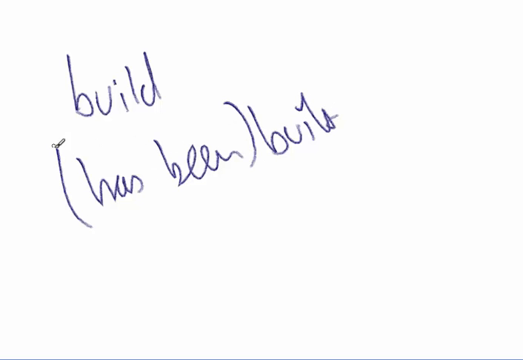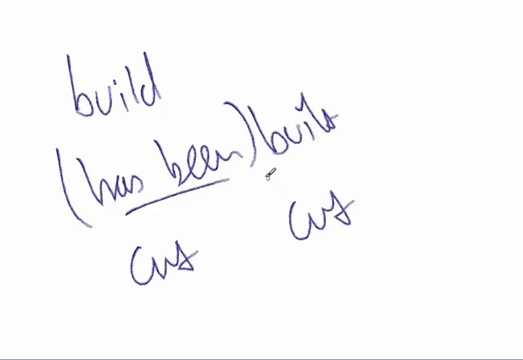And you'll see why I'm putting the parentheses around has been in a minute. Some other examples, you could use cut. So cut is such and such has been cut, right? So it's exactly the same. The past participle is exactly the same. And generally speaking, even with the regular verbs, you'll end with either d or ed or t, and there's a couple of other ones that I don't remember. Right?